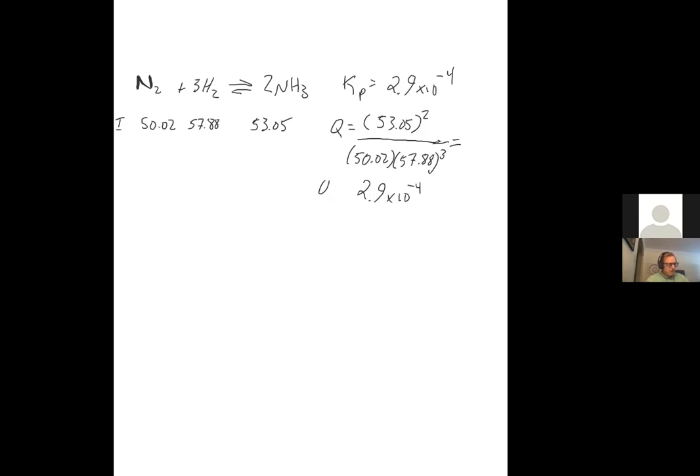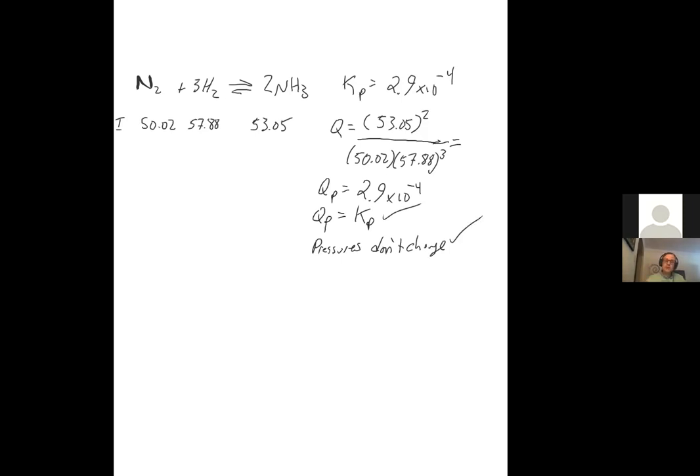Guess what? Q sub P is equal to K sub P. Boom, got it. Awesome. They're equal. That means that the pressures will not change. Okay, we're done. We got that, right? So no changes there.